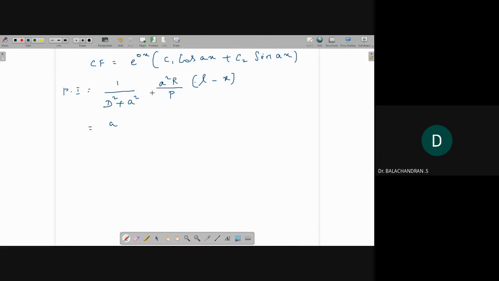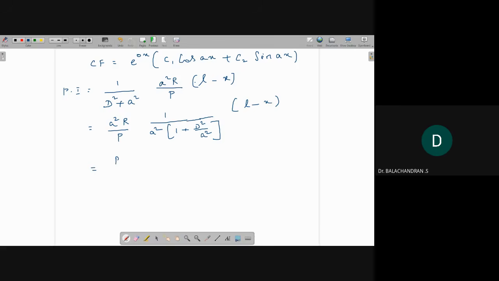A square R by P, take a square common: 1 plus D square by a square, so a square gets cancelled.